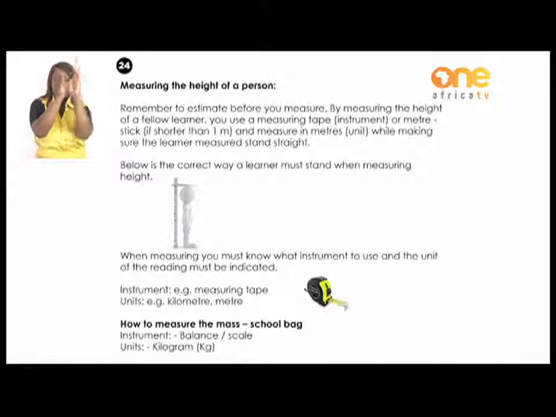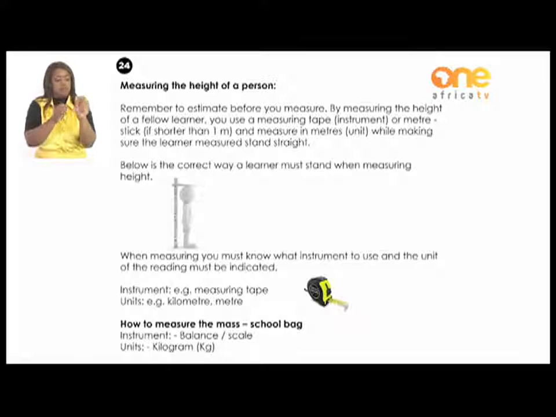Below is the correct way a learner must stand when measuring the height. There is a picture or the image which demonstrates how one should stand. Then we need also to look at the instrument.